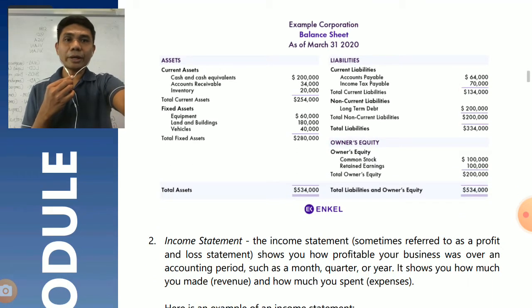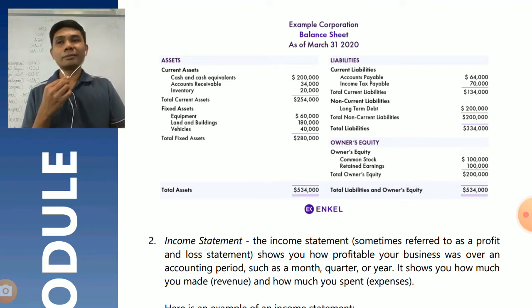So naay mortgage, nangutang ka sa usa ka bangko or financial institution kay imong plano mag-tukod or build og fixed asset. Then ang kuan man gud sa mortgage is himuong collateral kato imong gi-build nga fixed asset.